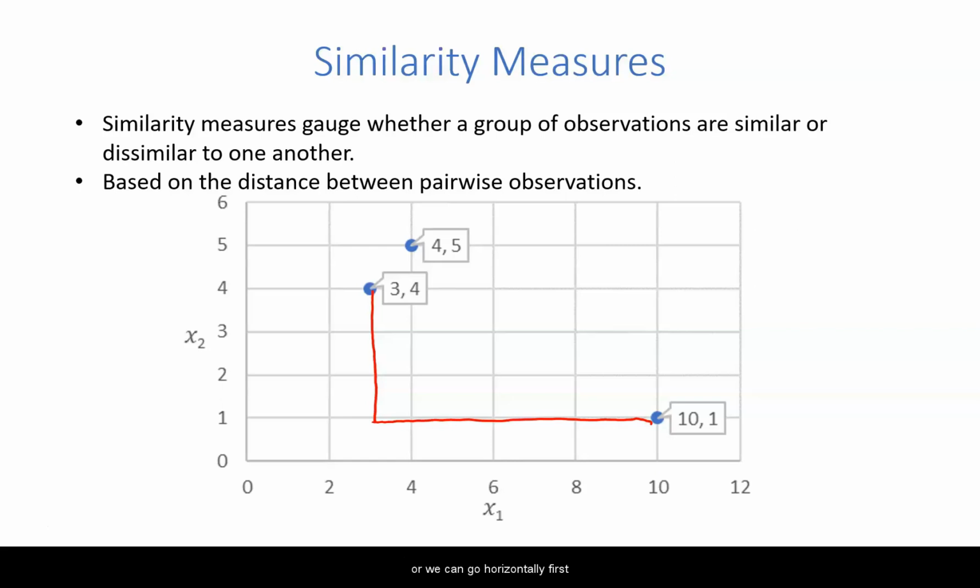Or we can go horizontally first and then go vertically to get to observation 3 from observation 1. But either way, the distances are the same. The horizontal distance that we traveled can be calculated as x1 for observation 1 minus x1 for observation 3.